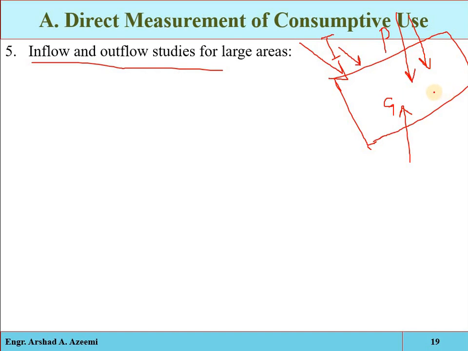Now some amount of water will also go out, run out from that area. And suppose on 1st January there was a certain ground level, and on 31st December there is another ground level. So there will be a difference: how much change has occurred in one year in the groundwater reservoirs.